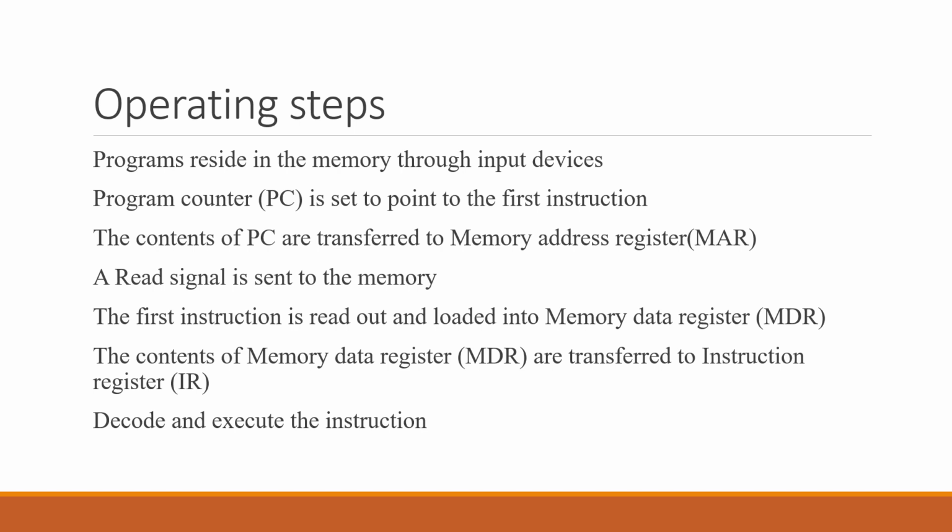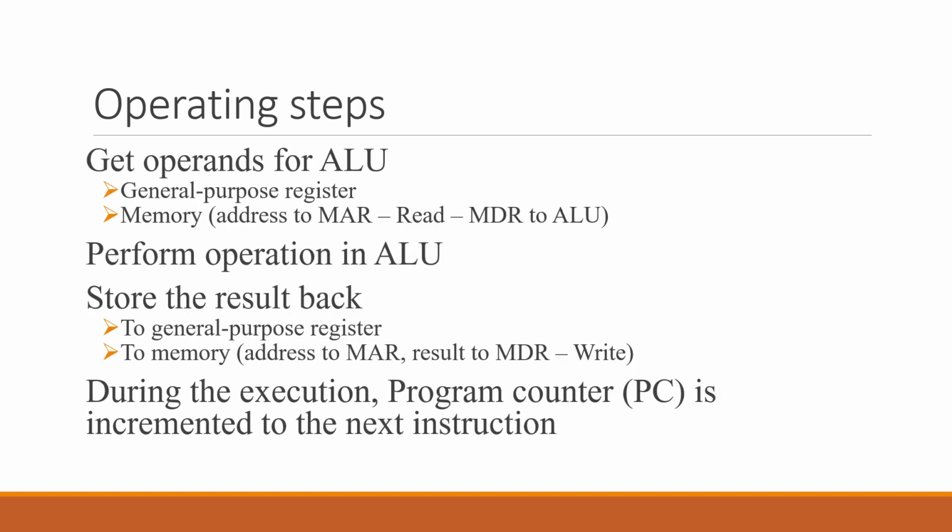If the instruction involves an operation by the ALU, then in order to perform the operation, the operands have to be brought into the ALU. In order to get the operands to the ALU, it has to fetch the operand from the memory, by sending its address to the memory address register, and it has to initiate the read cycle.